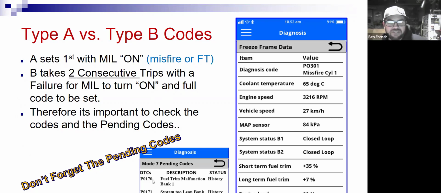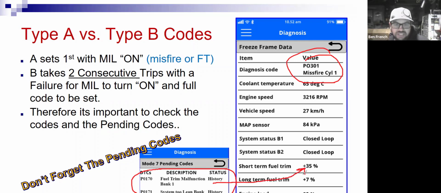So here we can see some information here. We have a P0301 misfire cylinder 1. And so you look at pending codes. Oh, I got some fuel trim problems. Well, could these be related? I certainly think they are. Look at that short-term fuel trim. He's adding a ton of fuel to this thing.